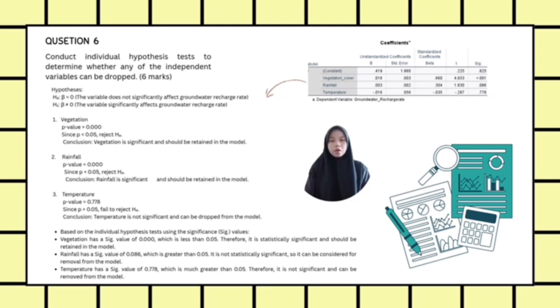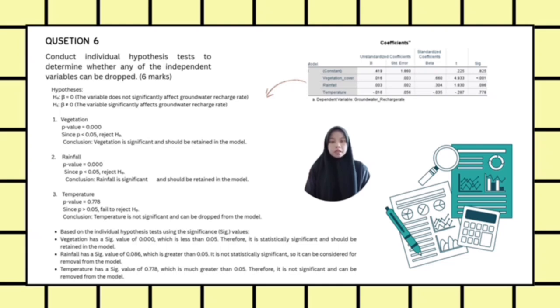Now, let's look at the p-value for each variable. First, for vegetation, the p-value is 0.000. Since the value is less than 0.05, it means vegetation is statistically significant. So, vegetation should be retained in the model. Next, we have rainfall, which also has a p-value of 0.000.